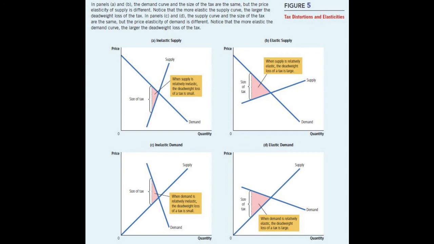Since that quantity sold doesn't change very much, the size of the deadweight loss doesn't change very much. And we can remember that deadweight loss looks like a nice little triangle cut out of our supply and demand model.